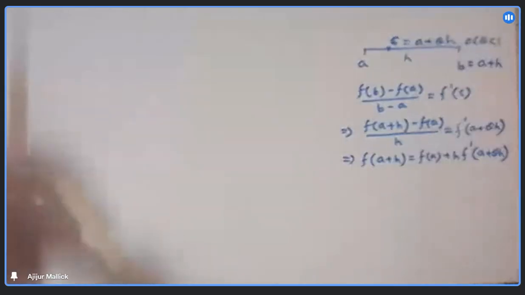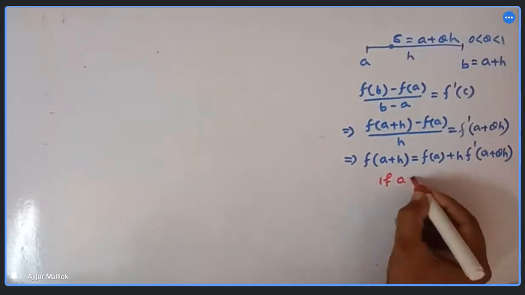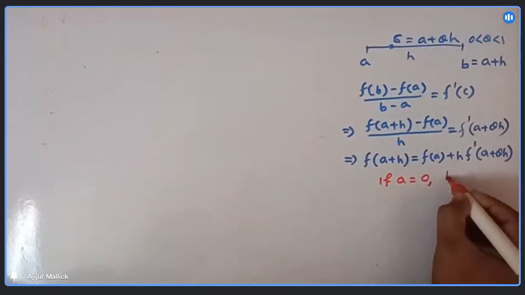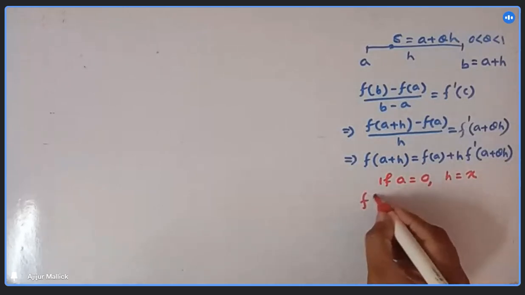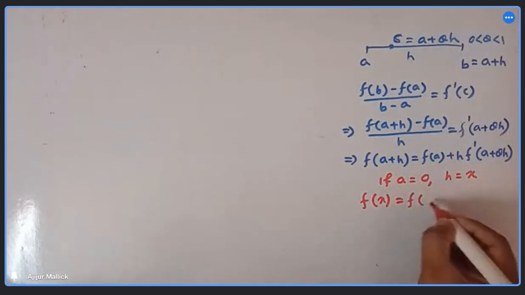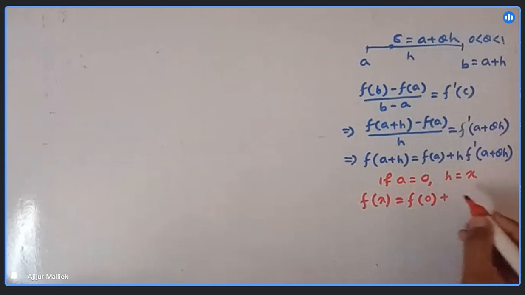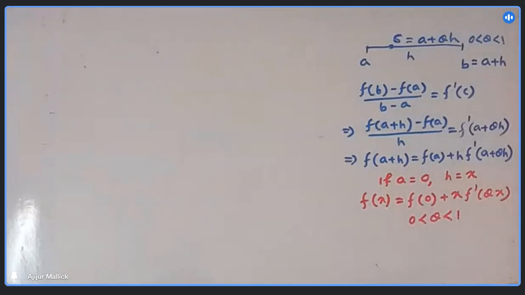Next, look, in particular form. In particular, if a is equal to 0 and h is equal to x, then what are we getting? f of 0 plus x, that is f of x, is equal to f of 0 plus x into f dash theta x, where 0 less than theta less than 1.